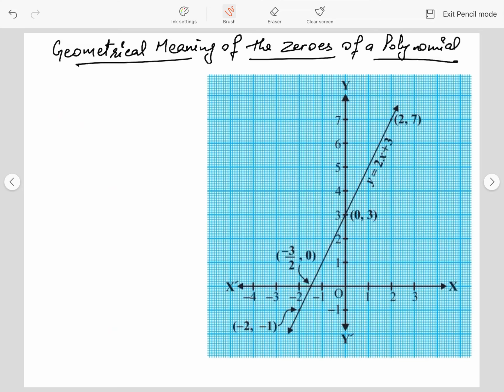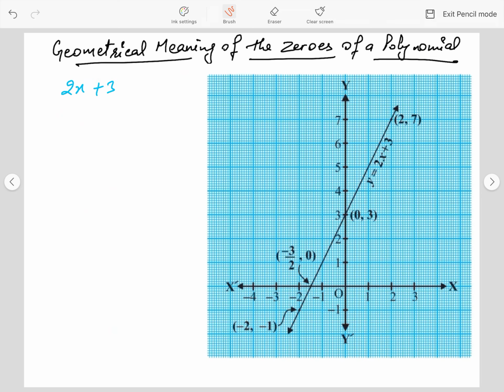Okay, now we will study the geometrical meaning of the zeros of a polynomial. That means we are going to study the zeros of a polynomial through the graphical method. Now let us take one example. Let us take the polynomial 2x plus 3.